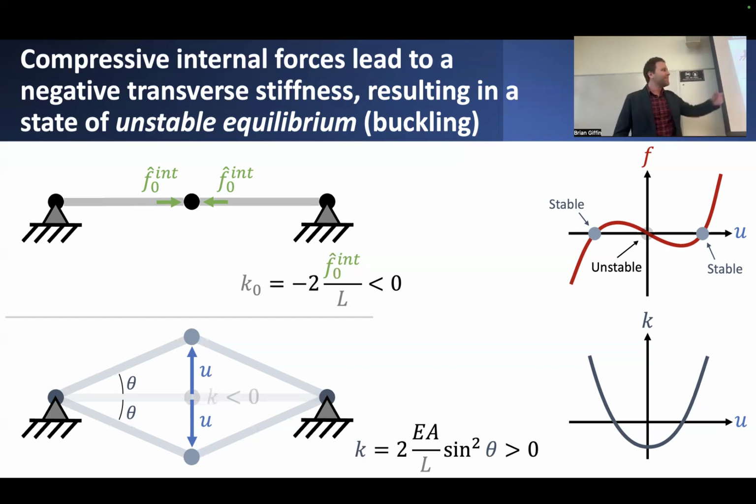And the reason has to do with the fact that as you compress it, the apparent stiffness of the system becomes negative. What happens when you have a negative stiffness? It's sort of an unphysical situation, but that's what the math is telling us. The math says we take the derivative of this S-shaped curve, which is now even more curved. It says, really, with zero external applied loads, there are three possible equilibrium states.